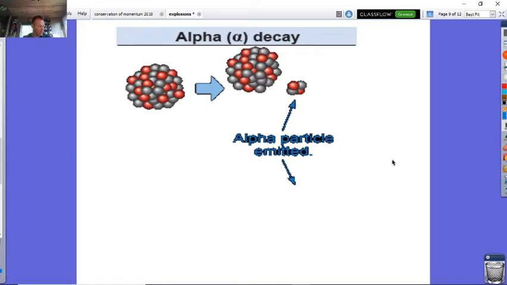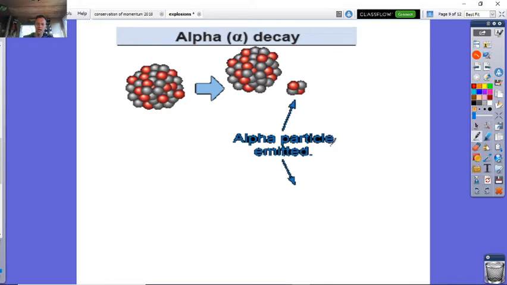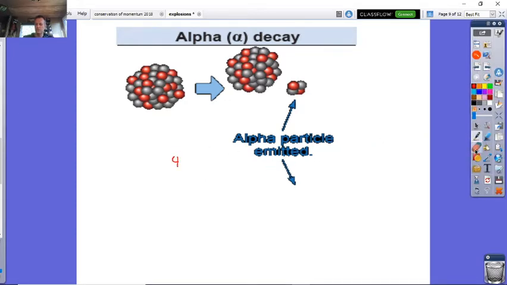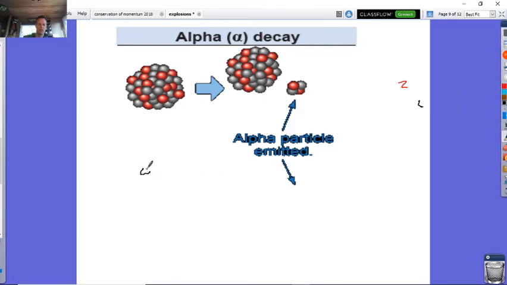Now, you know about these already, and this is alpha decay. In the case of alpha decay, your alpha particle is going to be a 4-2 helium nucleus. I'll give you an example of alpha decay.